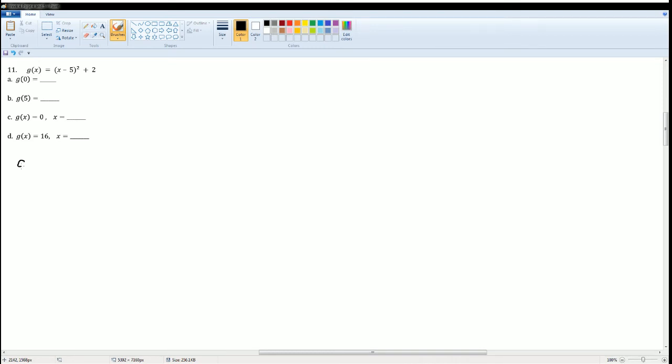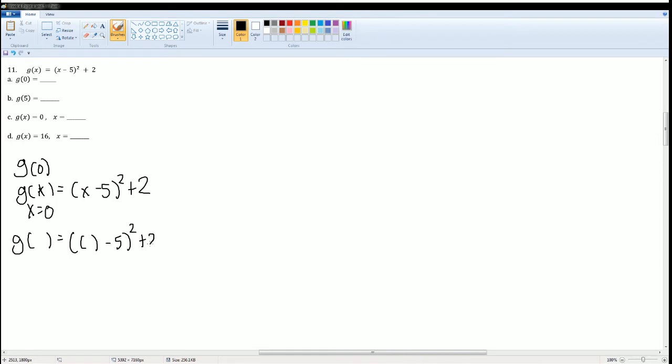Let's see. I have G of x. The first one is G of 0. G of x is equal to x minus 5 squared plus 2. It says x is going to be equal to 0. So in this case, wherever I see the x, I put the parentheses, and in this case, it is going to be 0.